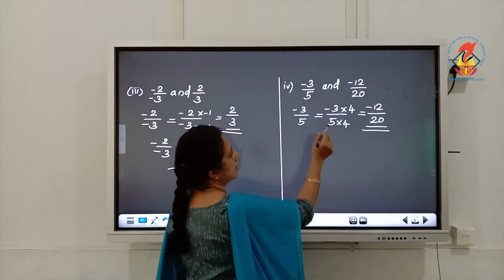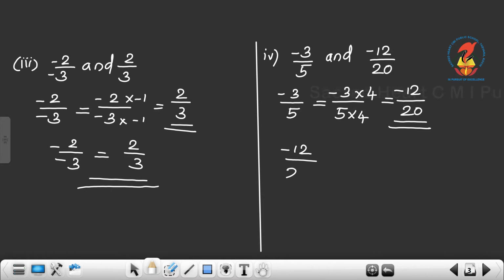Or we can do it in another way also. Negative 12 by 20, you reduce to the lowest form. We can divide both the numerator and denominator by 2, and we get negative 6 by 10.